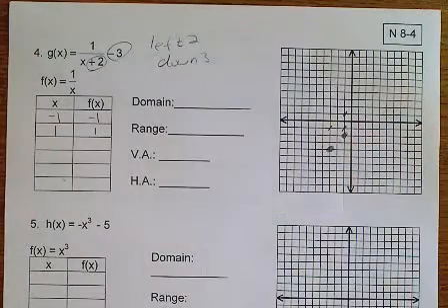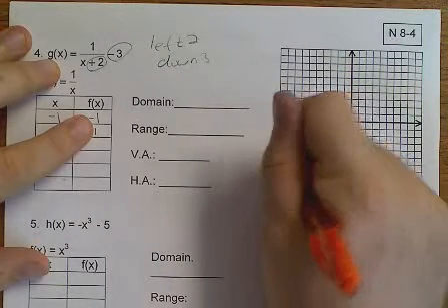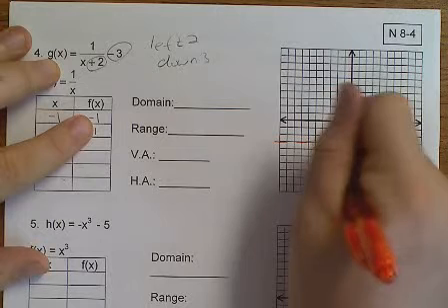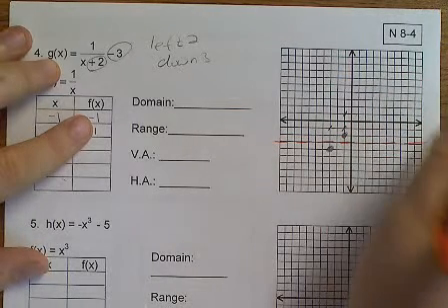Our asymptotes. They cut the gap between our points.